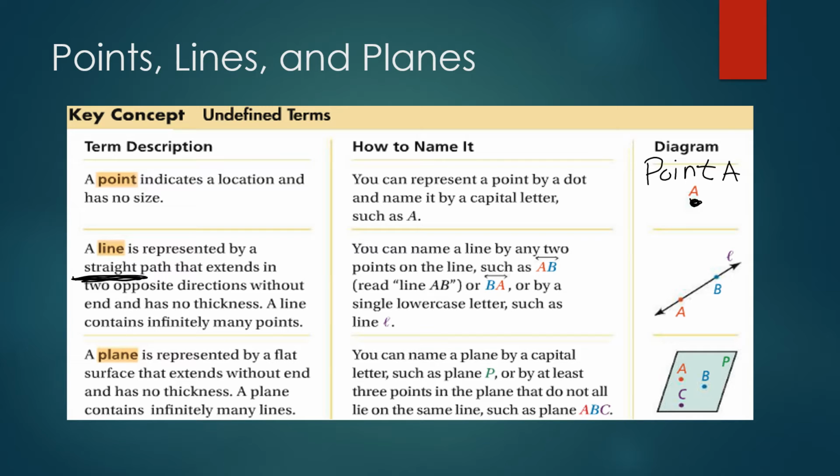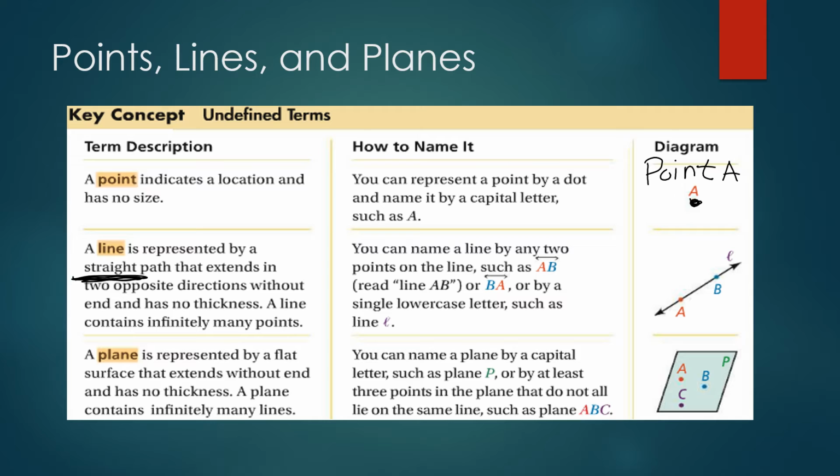We will at some point talk about curvature, but for the immediate future, when we talk about a line, we're talking about a straight line. No curves, wiggles, spirals, anything like that. And this goes on forever. So again, hard to have a real life example of that because it's hard to have something go on forever.